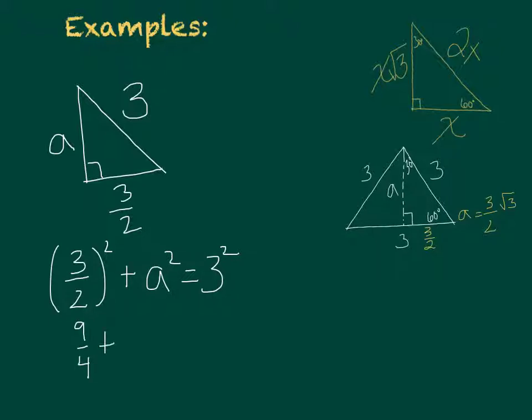9/4 plus a squared is equal to 9. 9 minus 9/4 is equal to a squared.